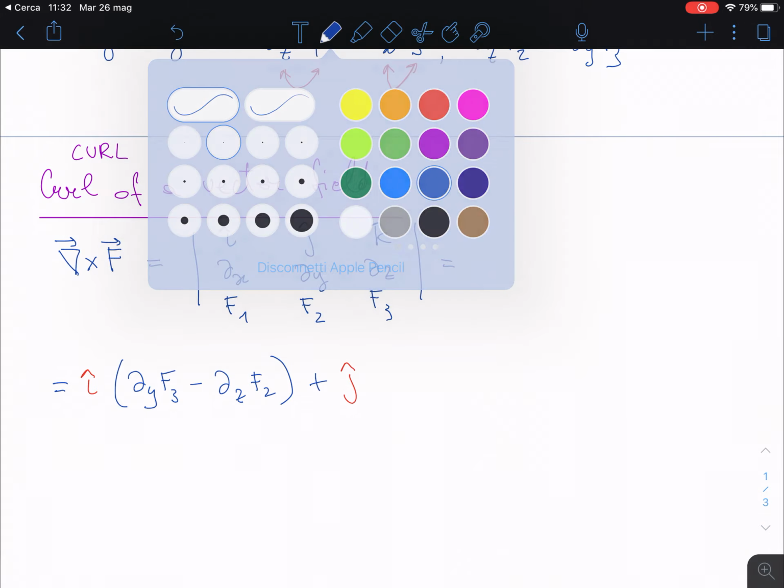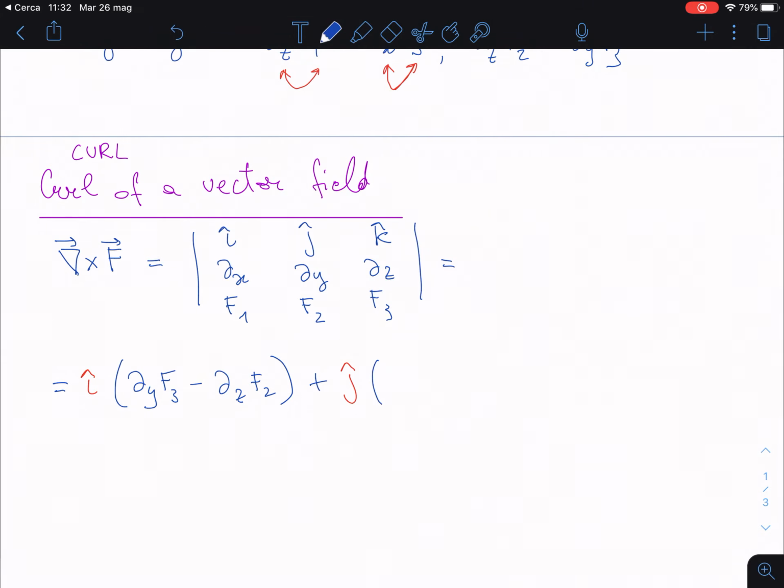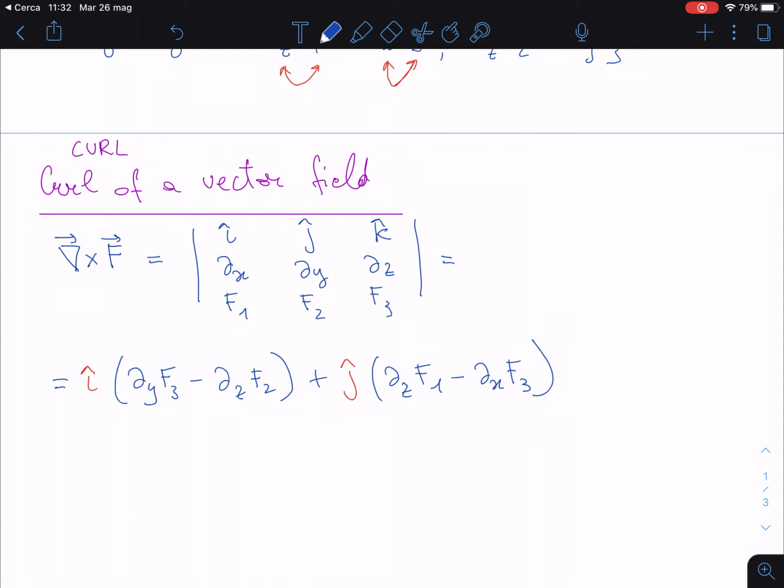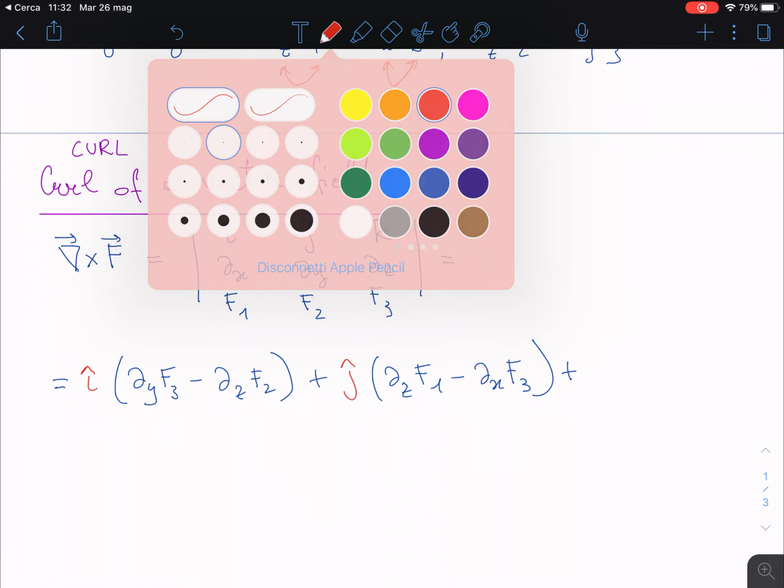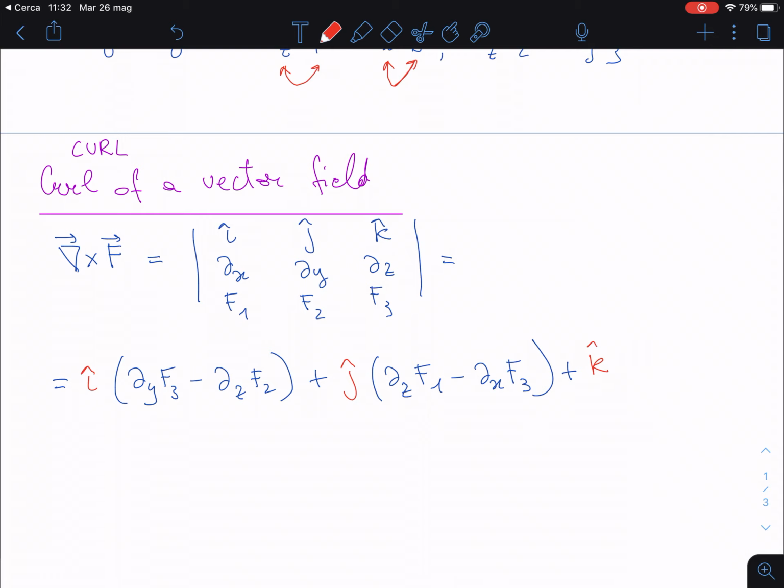Now remember that there is a minus sign here morally, so here you have dz f1 minus dx f3 plus k and here you have dx f2 minus dy f1. Okay, this is the so-called curl, sometimes also rotational, of a vector field.